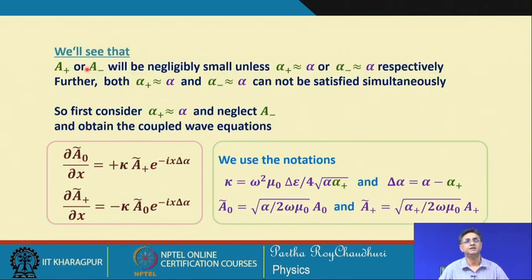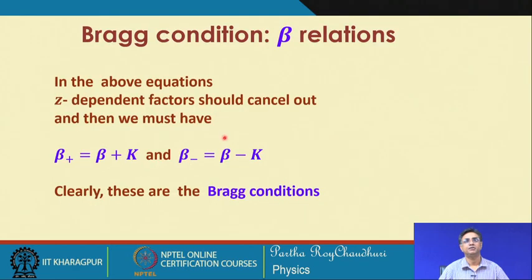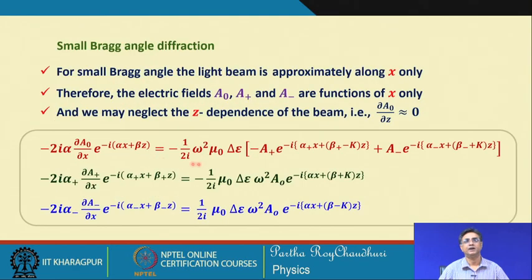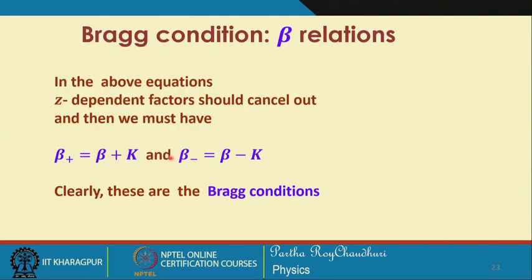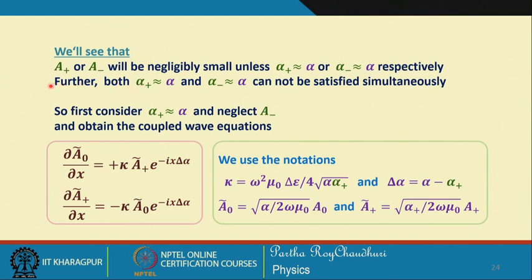We will see that A plus and A minus will be negligibly small if alpha and alpha plus, or alpha and alpha minus, are not very close in terms of their values. If they are very close, then only these terms will survive. Both alpha plus and alpha minus cannot be close to alpha simultaneously.